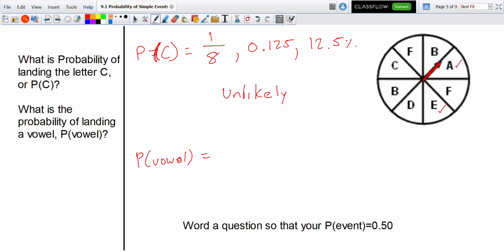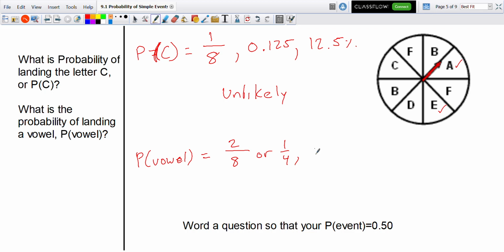Okay, so we have 2 vowels. So there are 2 favorable outcomes for a vowel over the same 8 possible outcomes. So if I reduce that, it'd be a 1 out of 4 chance of spinning a vowel.